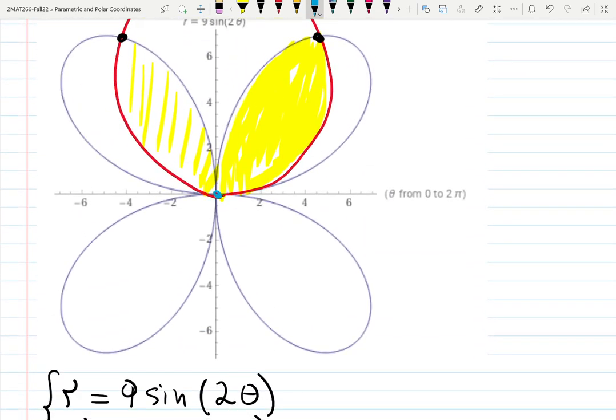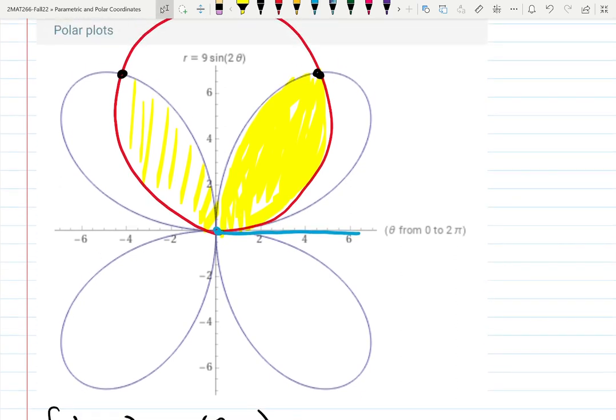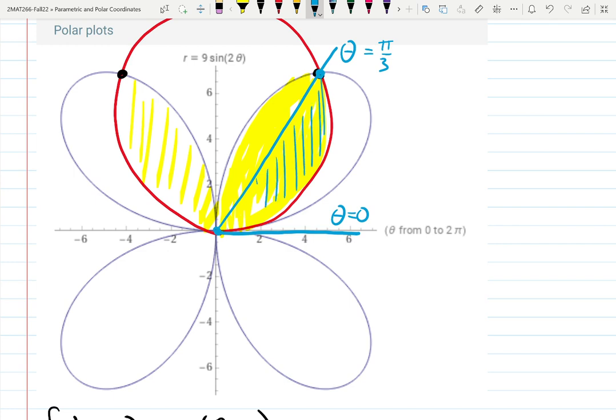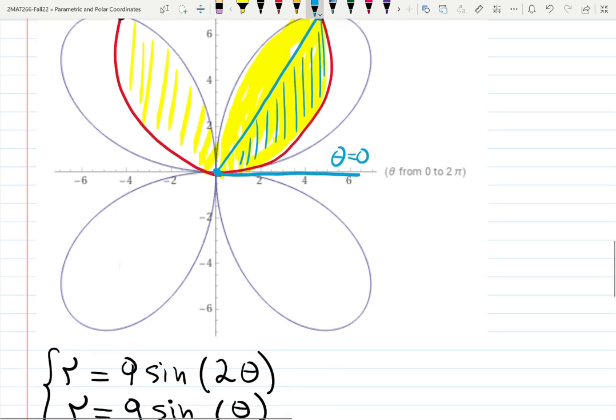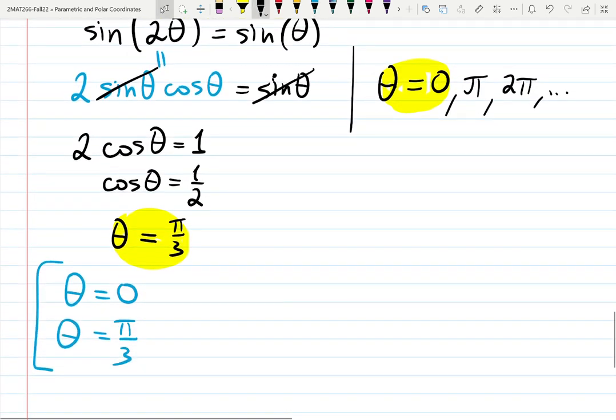So at 0, the object starts. Then at pi over 3, we have this point of intersection. This is what we found. Theta equals pi over 3. Theta equals 0. So the area we're going to find if we start building the integral from 0 to pi over 3 will be this area. That will be area 1.